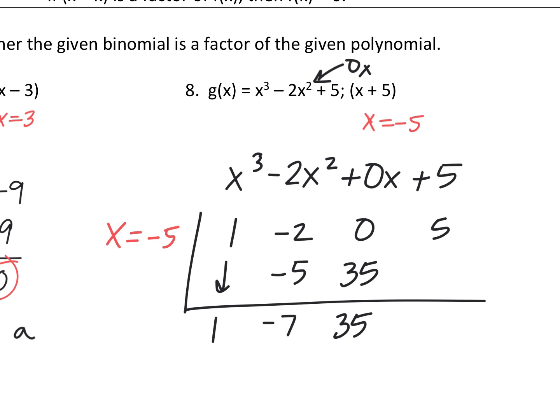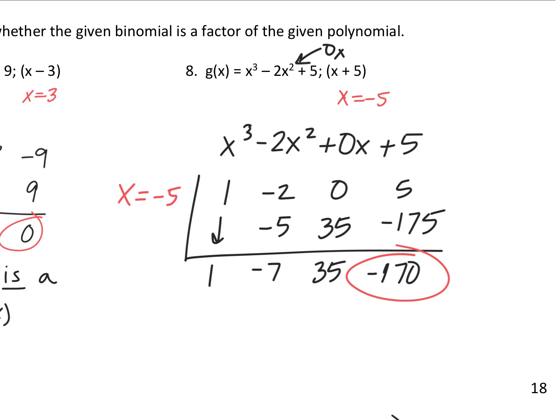Oh, shoot. I get a remainder of negative 170. Does that mean it's a factor?